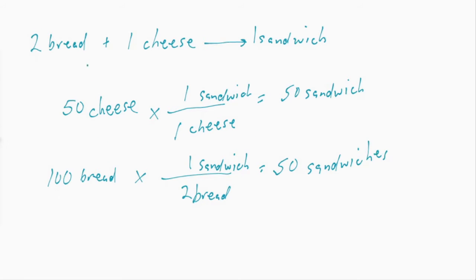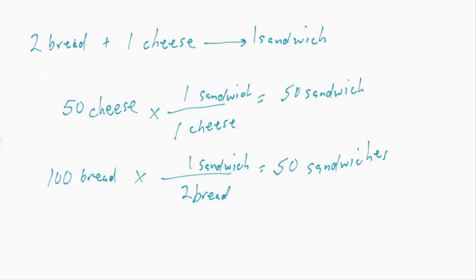So look at this. This would be the perfect reaction. We would have no excess, right? If we had 50 pieces of cheese and 100 pieces of bread, we're not left over with anything. Nothing's limiting us and nothing is in excess. Everything's working out great. But that's not often the case, right?